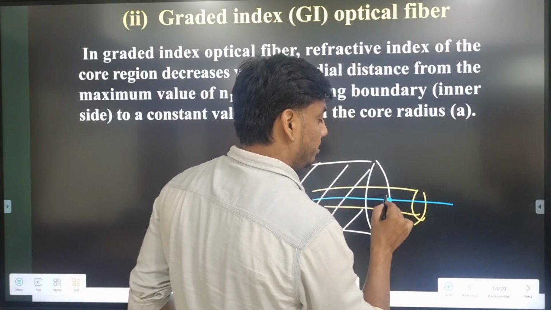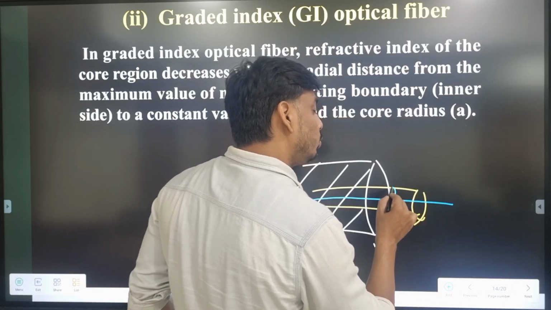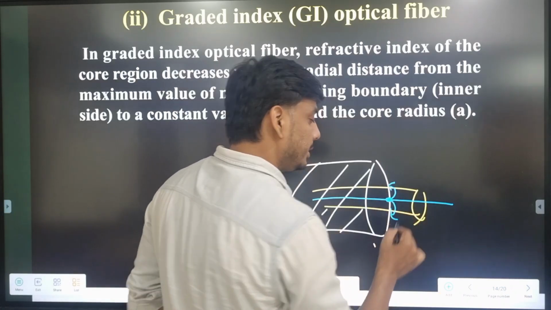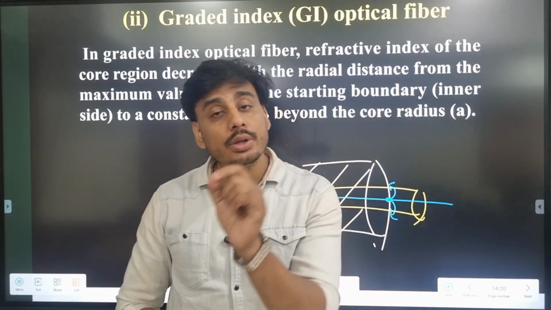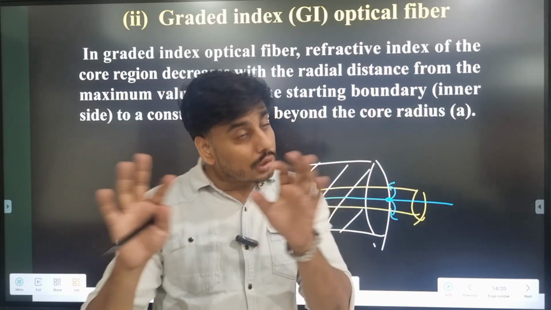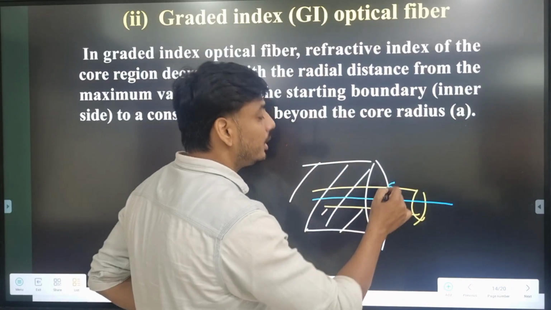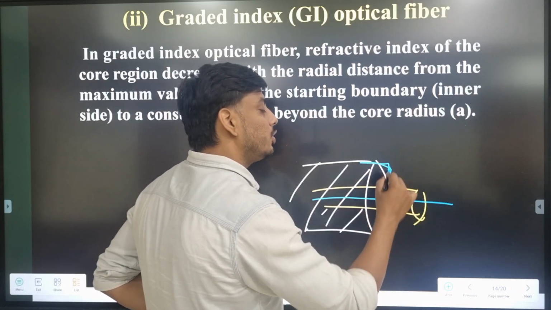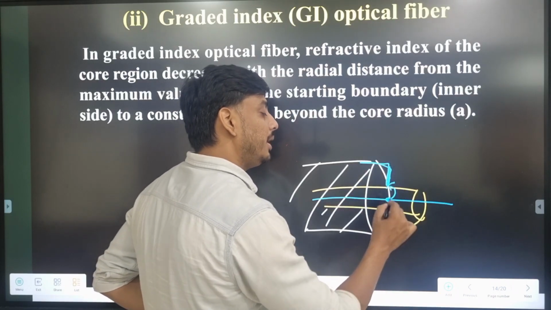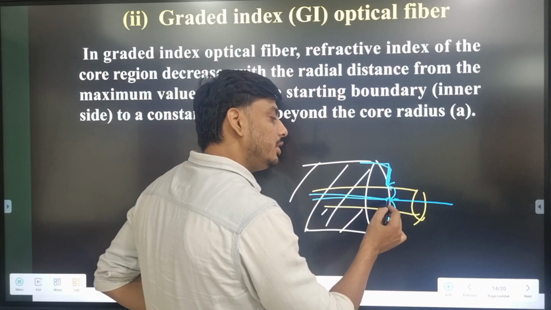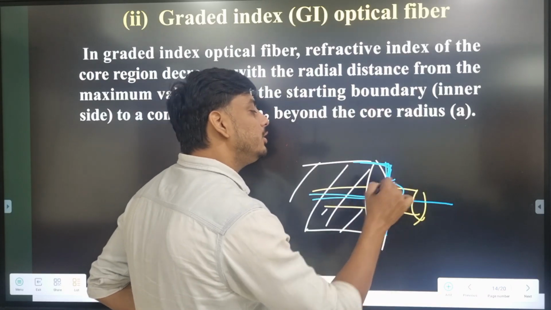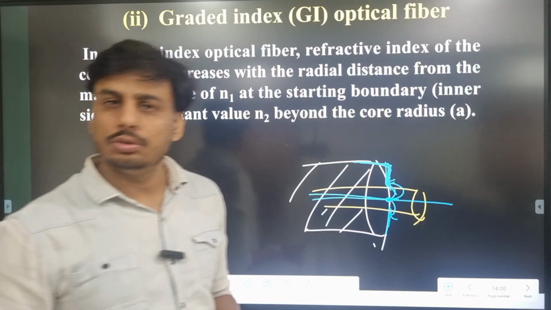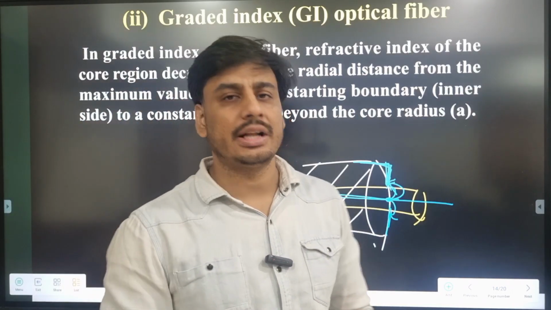But as we move from the core to the cladding region on both sides, there will be a gradual change. The value gradually decreases to the cladding region. Once it reaches here, again it will be a constant value. So maximum value at the center, then the value gradually decreases towards the cladding, and at the cladding the value remains constant. And obviously we know that the refractive index of the cladding is less than that of the core.